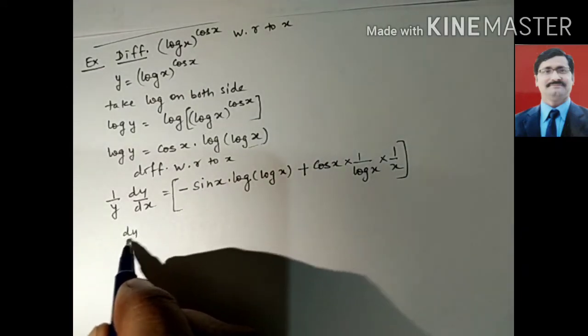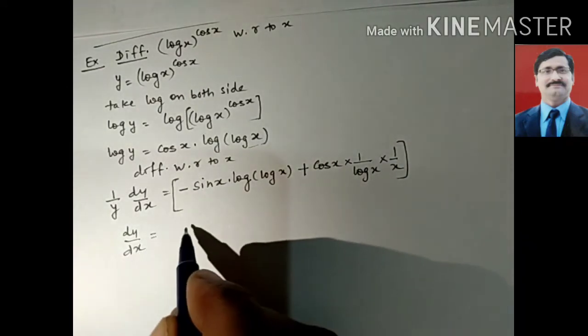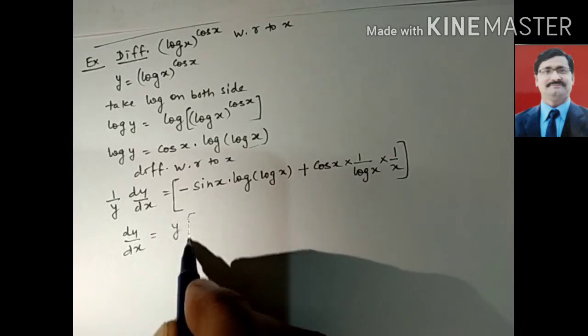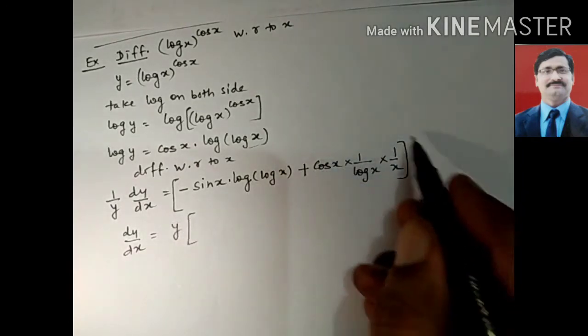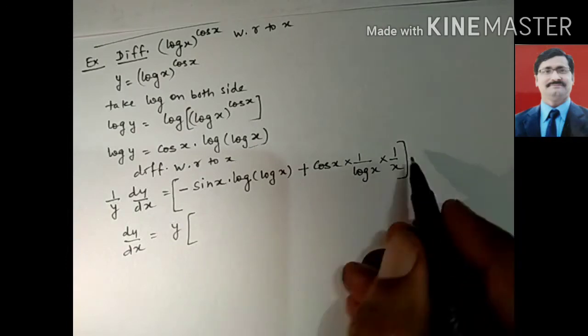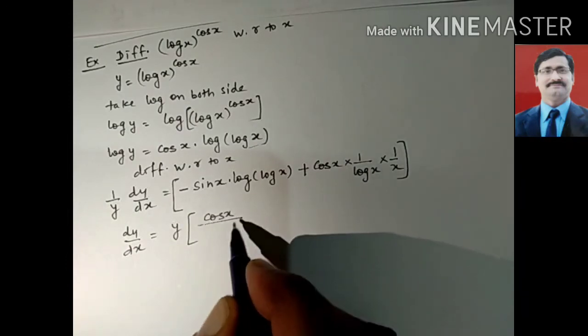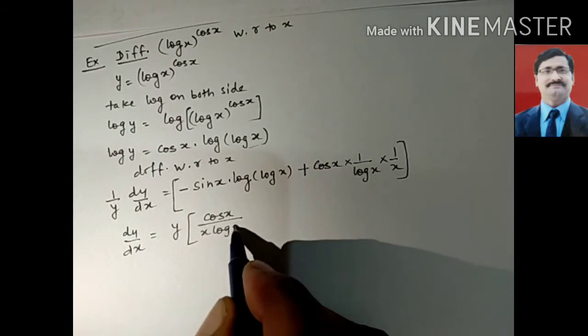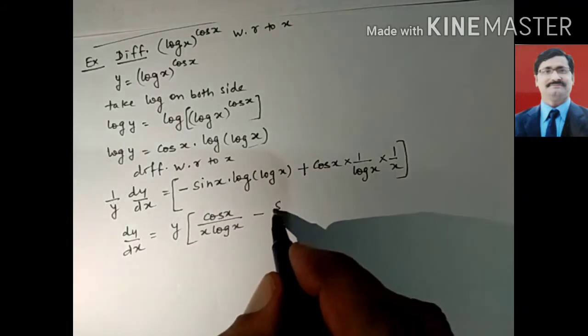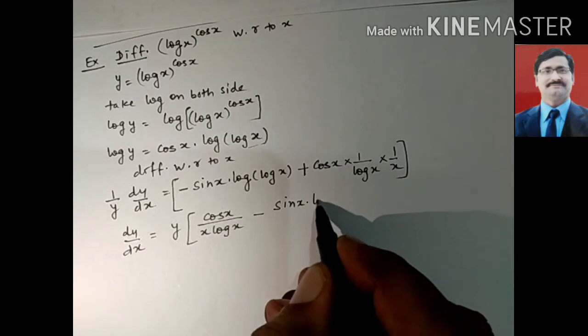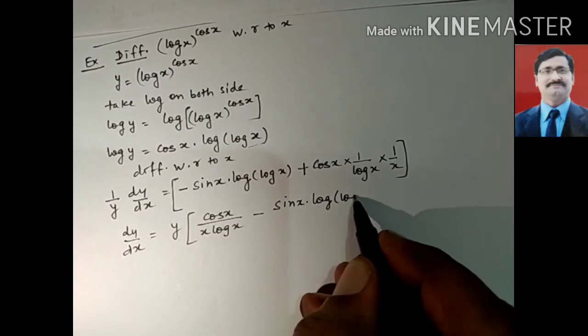So we get dy by dx equal to y times, first write cos x upon x log x, because this is positive, and then minus sin x into log x.